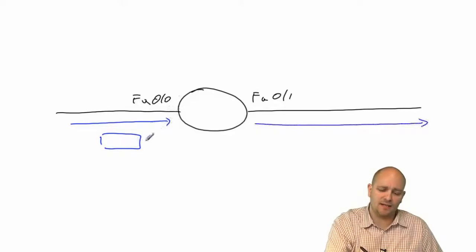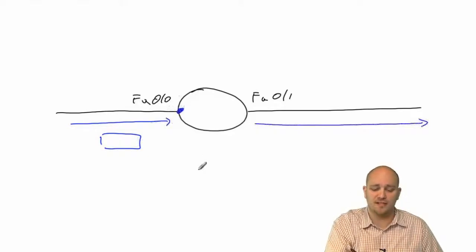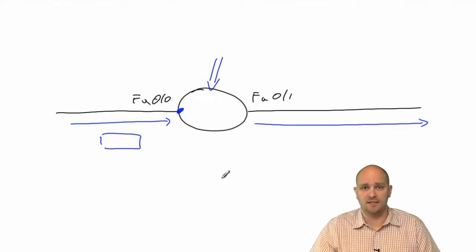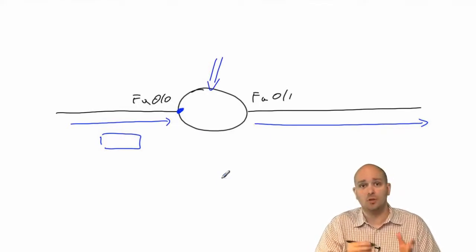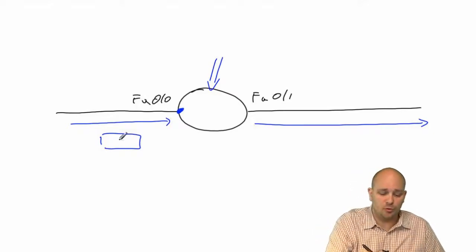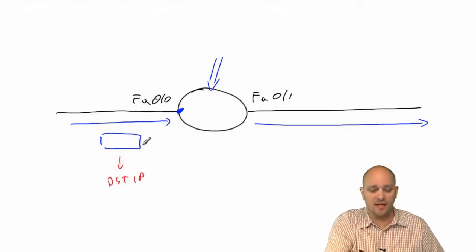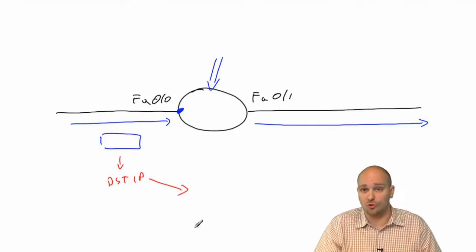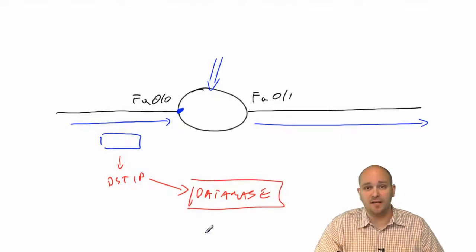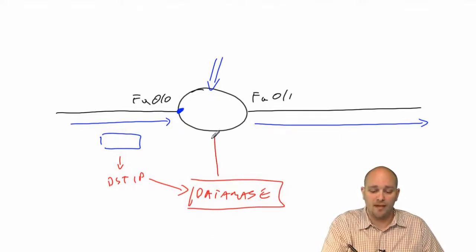Now, when this packet arrives on this interface here, there are certain things that need to happen inside this device to allow this packet to be switched across. Generally speaking, what we need to do is we need to take a look at what was the destination IP address of this IP packet. We need to look it up in some sort of a database. And based on information from that database, we have to make a determination.